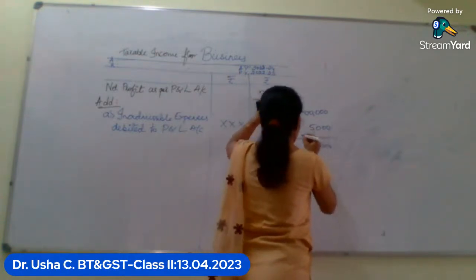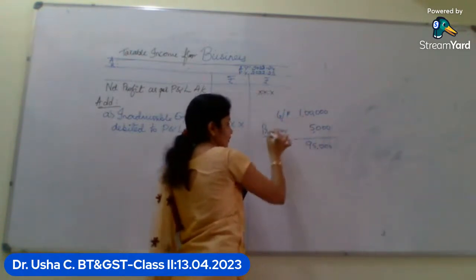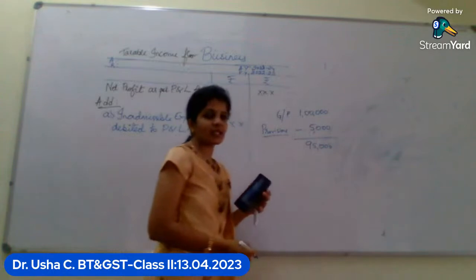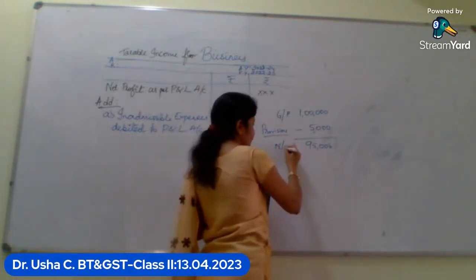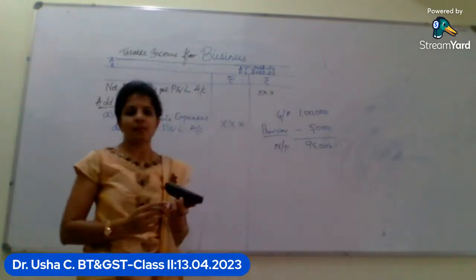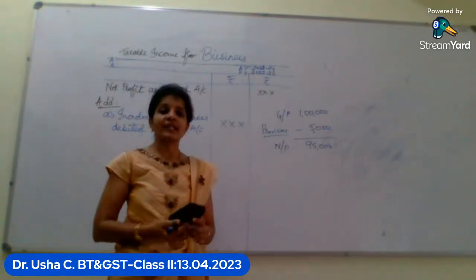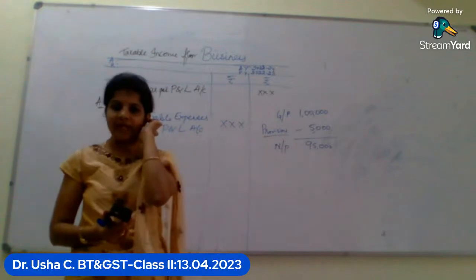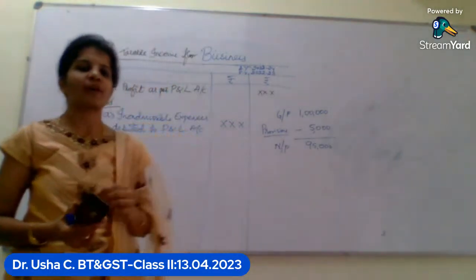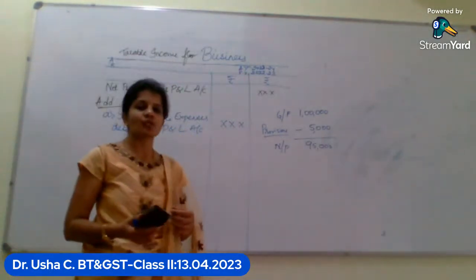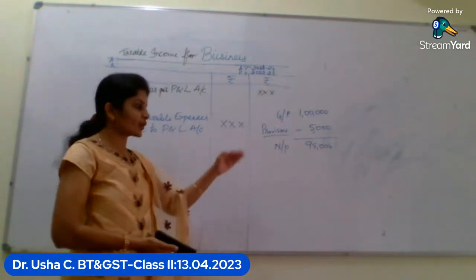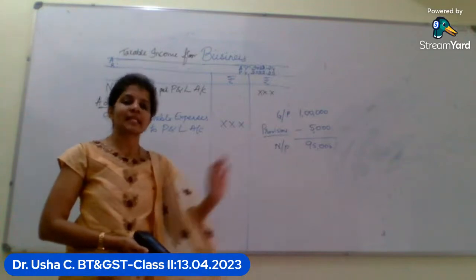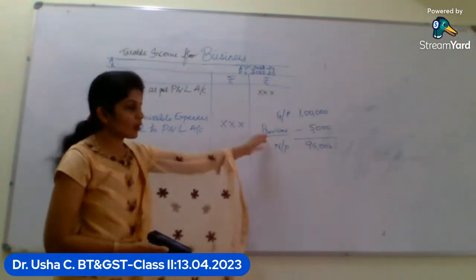This is the net profit. So just for decreasing the profit and to show the reduced profit for the purpose of income tax, in order to pay less tax to the government, they create all these provisions.